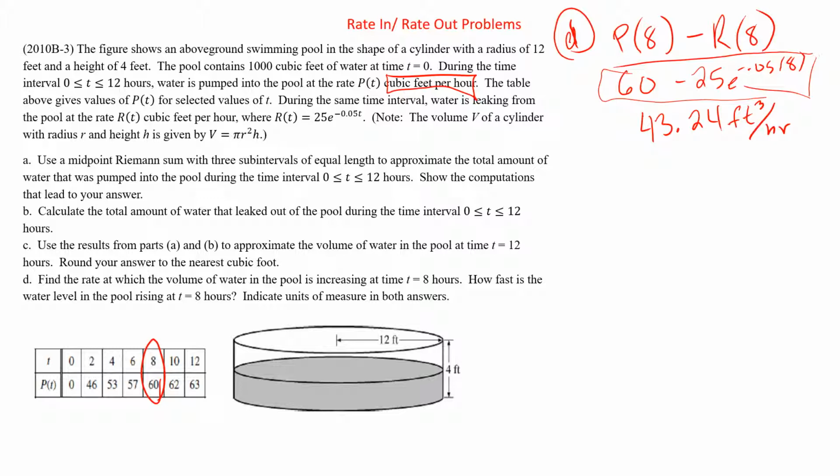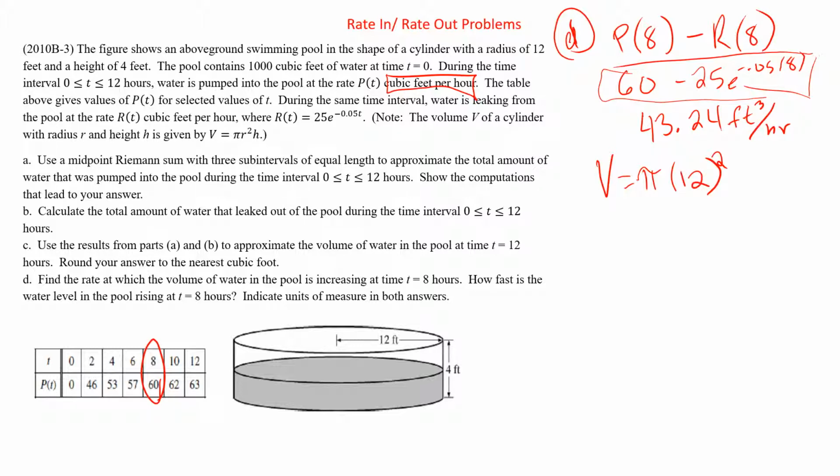So that's that rate. And then how fast is the water level in the pool rising at t equals 8 hours? So how fast is it rising? How fast is that height changing? For that, that's going to be a related rates problem. We saw these a few chapters ago. So we're going to have the volume equals pi times r squared times h.